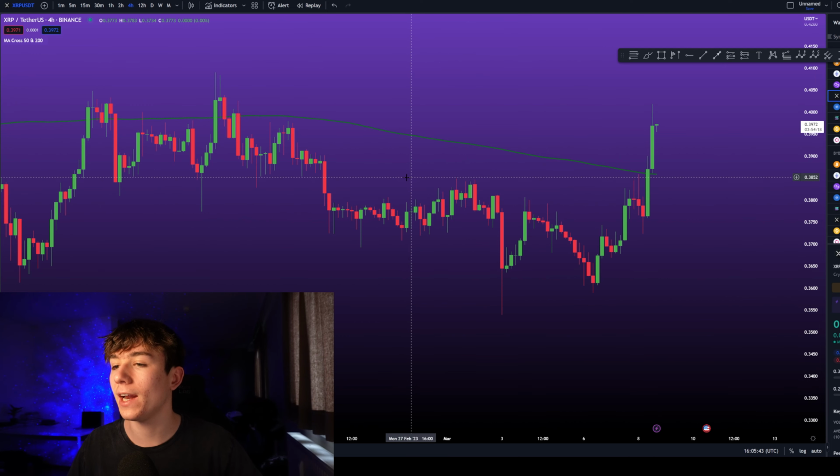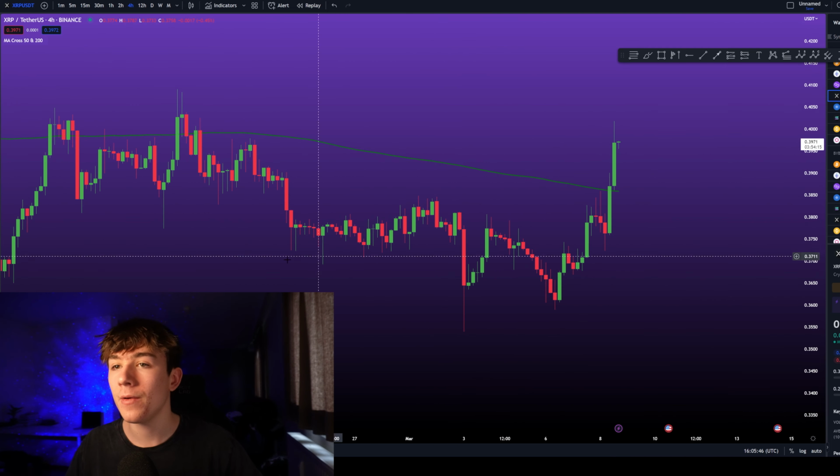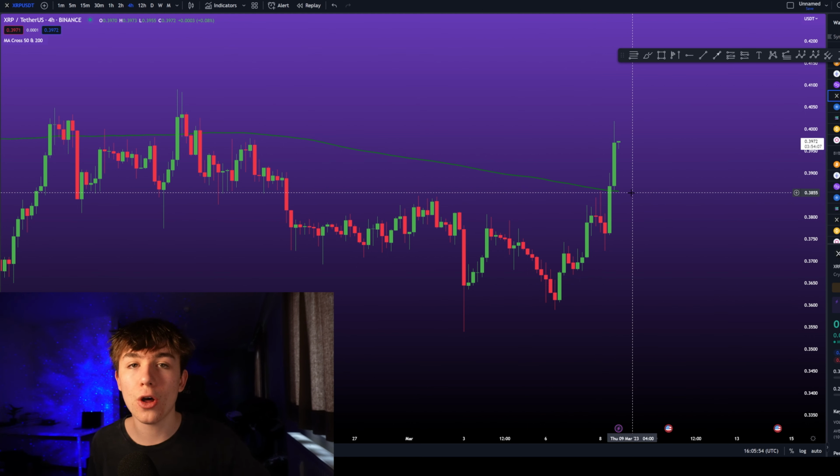So right now this green line is the 200 MA, and we are on the 4-hour time frame, which means this indicator is taking the last 200 candles, which means 200 4-hour candles in this case, adds each closing price up, and then divides it by 200, and then gets an average price of the last 200 candles, which means 200 times 4 hours, 800 hours. So it takes the average price of the last 800 hours, right? Okay, I think you now understand this.